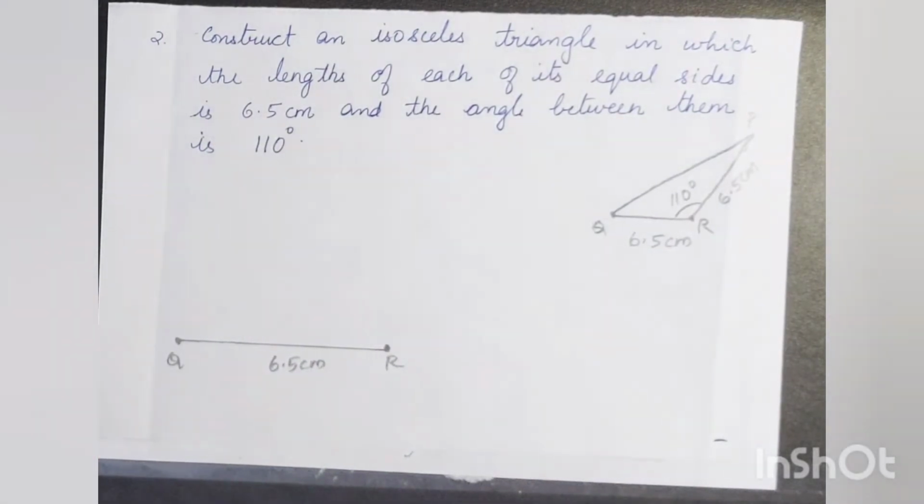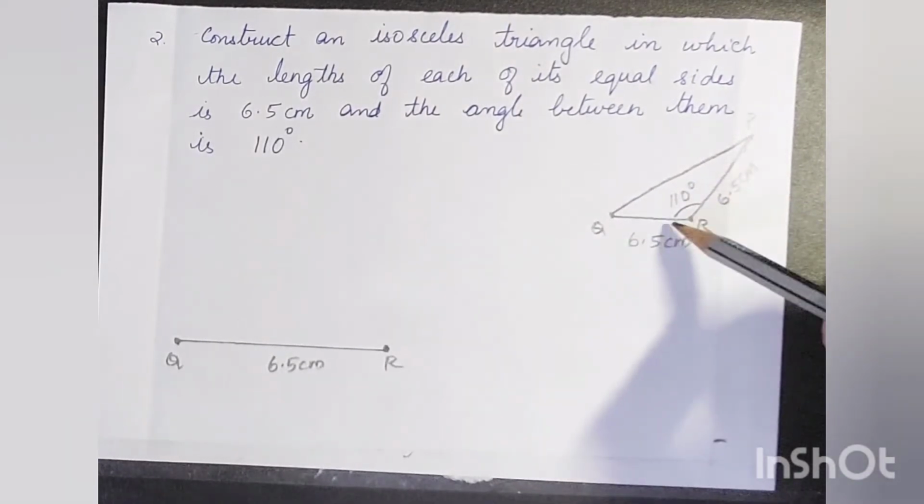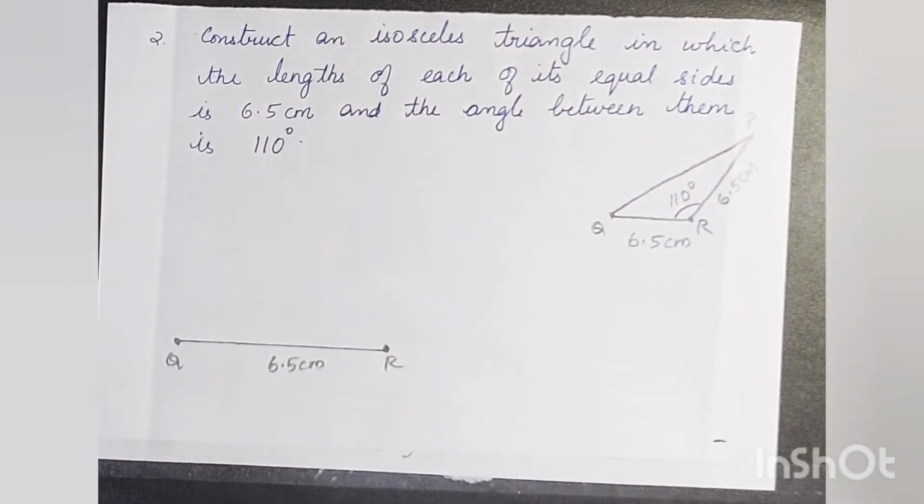Okay. Now what is the next step? Draw the angle R. Angle R is equal to 110 degrees. Okay. So we'll construct 110 with the protractor.